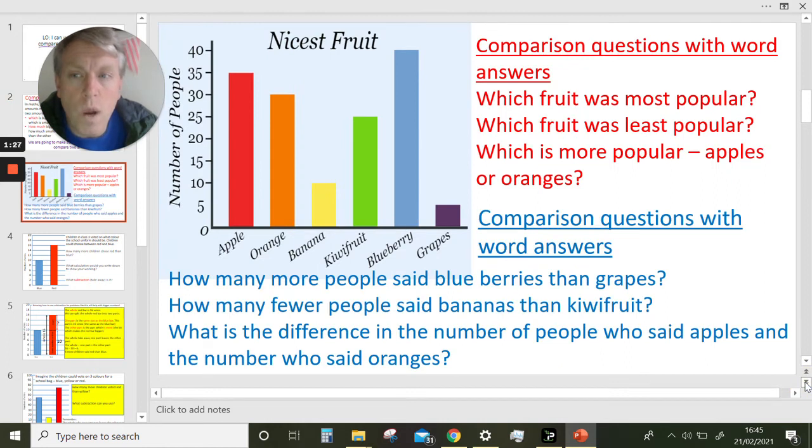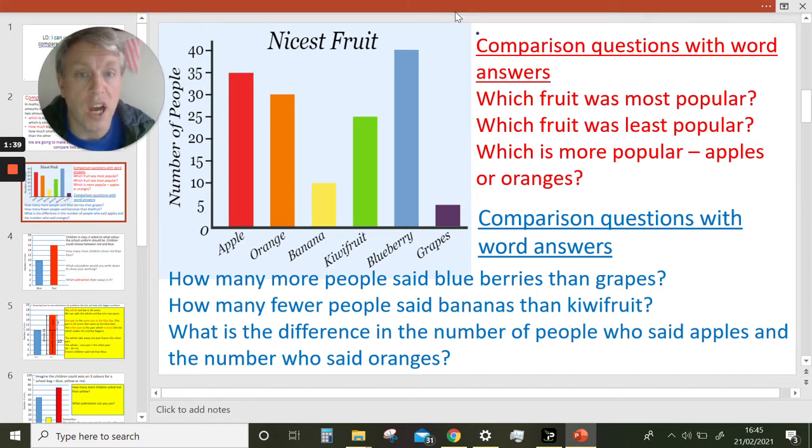So let's think for a moment that when we have these comparison questions, it's almost like there's two kinds of answer. So let's look at these ones here, which I've written in red. And these are comparison questions with word answers. So here we've got a bar graph, which is nicest fruit.